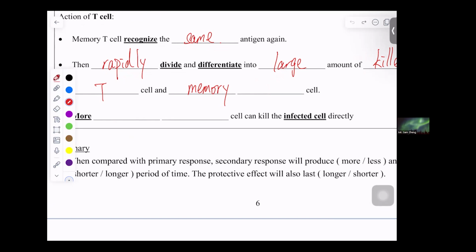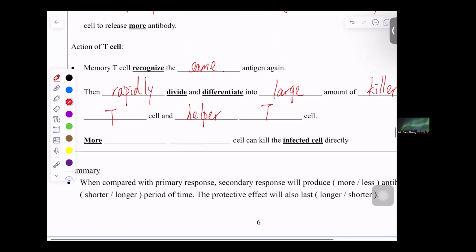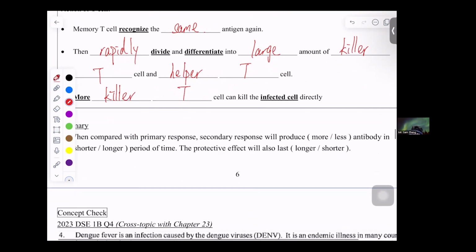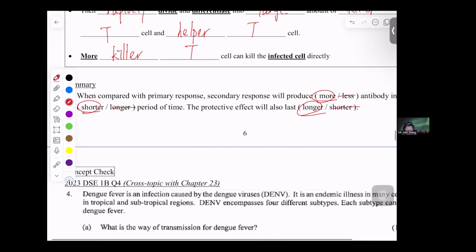Sorry, it should not be memory T cells, it should be the helper T cell. So more and more killer T cells will kill the infected cells directly. And this will produce more antibodies within a shorter period of time. So the protective effect will also last longer than before.